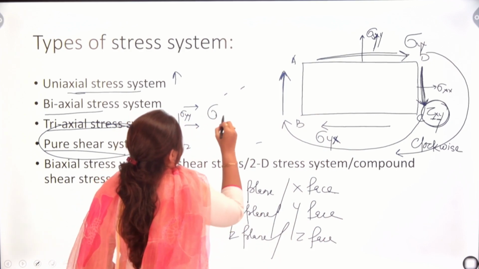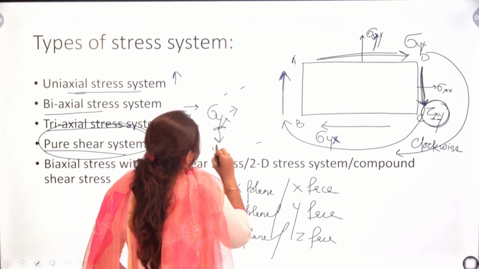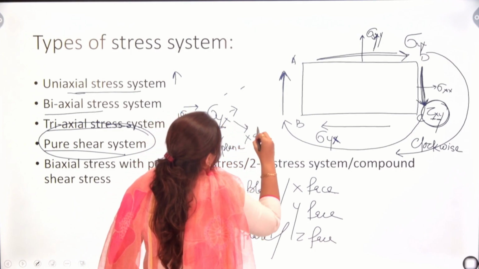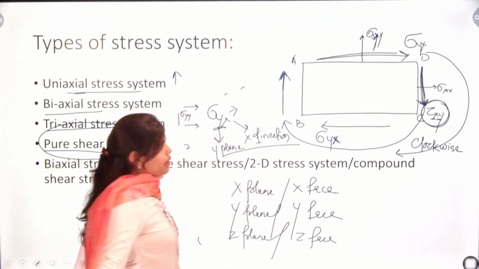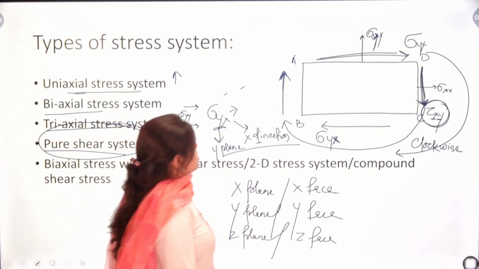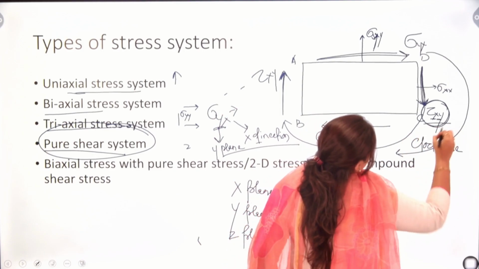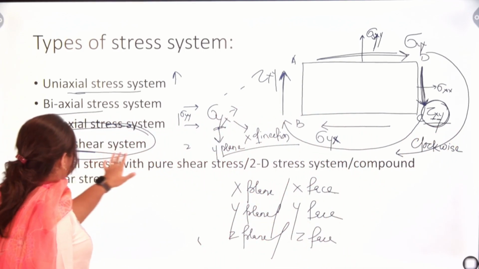These suffixes work like this: y for the y plane and x for the x direction. Here also tau xy, here tau xy. Okay, so we have learned the pure shear system.